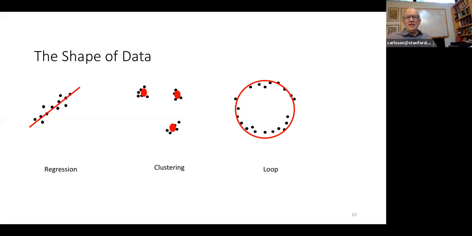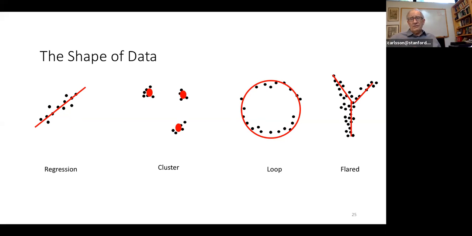Now as mathematicians, we could say, great, we're going to build a loop detector. And we could certainly do that. In fact, there has been some work on explicitly that, but we might also worry a little bit, because we don't really expect that the next data set we get is necessarily going to fit with any of these 3. It might be a 4th thing like this one, which is a letter Y. And here, I could build a Y detector, or call it flared.